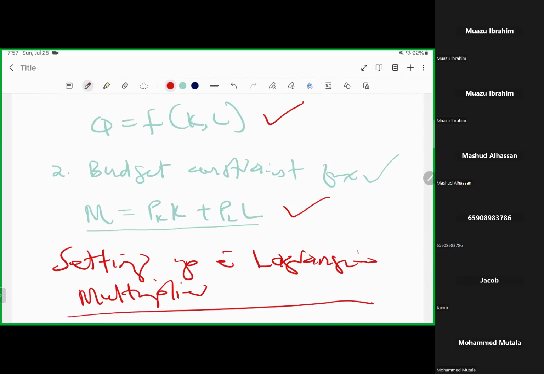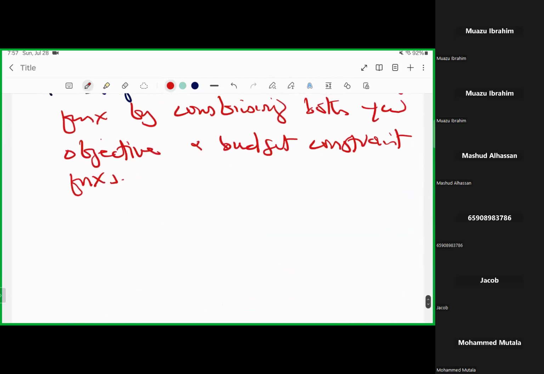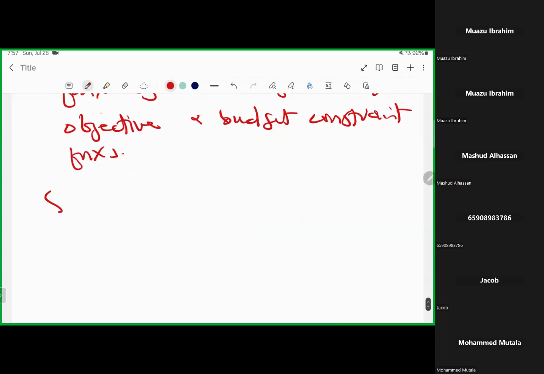In this particular case, the Lagrangian multiplier is represented by lambda. What are the unknowns? We need to find the value for K, the value for L, and then the value for the Lagrangian multiplier itself.